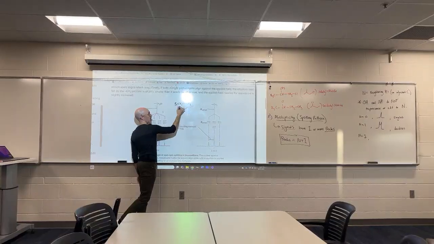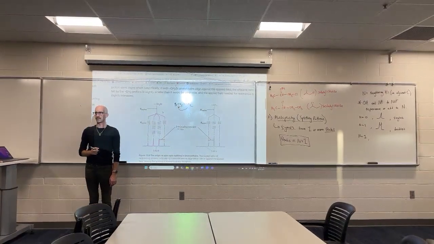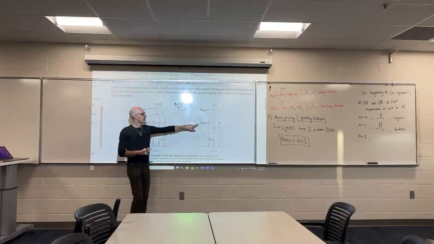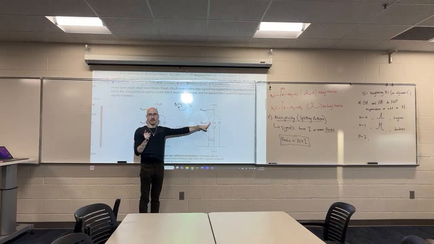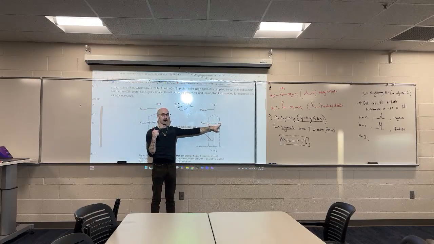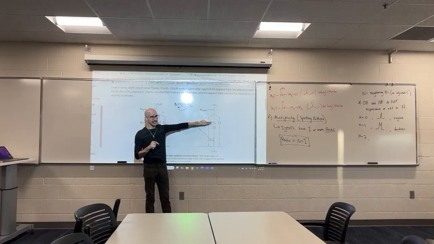On the adjacent carbon, 2 hydrogens. The spin of those 2 hydrogens could be spin up both times, spin down both times, or one spin up, one spin down, 2 different ways.